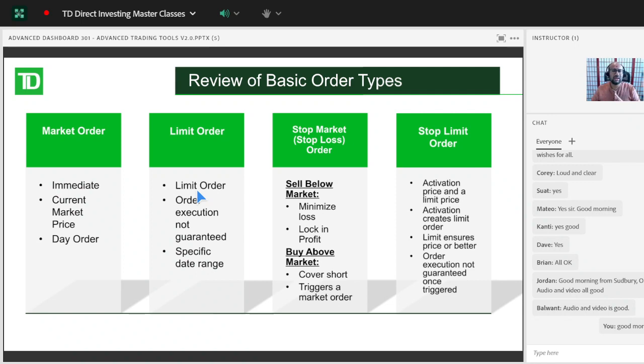Now, just because you're putting in that price, remember, when you do get a fill, meaning the price in the market matches what you've placed, you're going to get that price or better. So understand that it's not necessarily just the price you put in, it is that price or better if there's a better price available at that time. For example, let's say I'm putting a price of $10 to buy a stock.